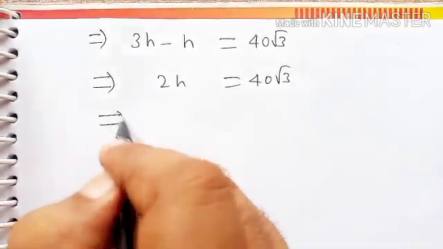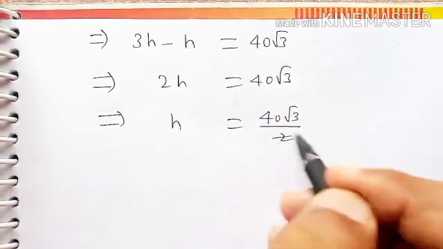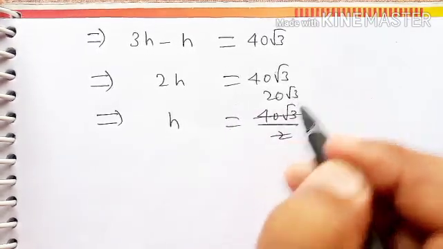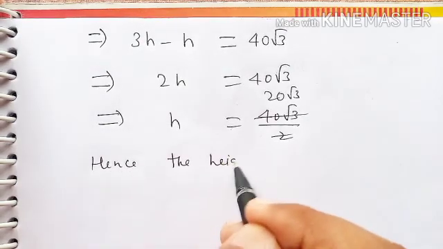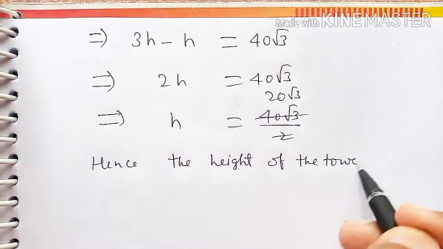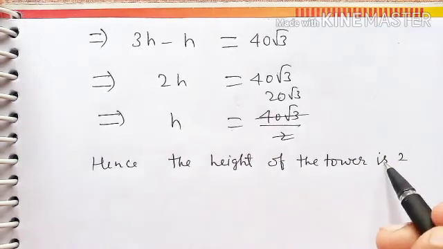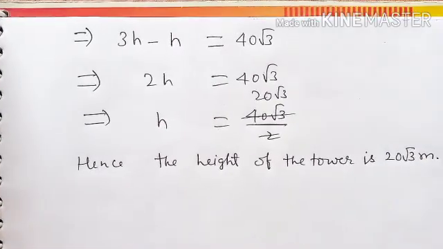This implies h is 40 root 3 by 2, 20 root 3. Hence the height of the tower is 20 root 3 meter.